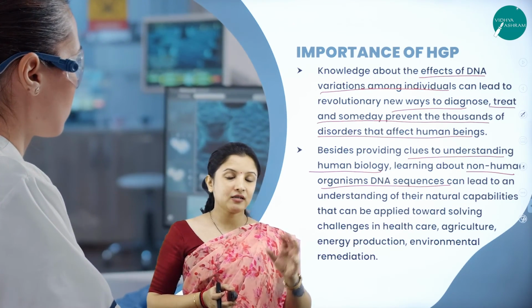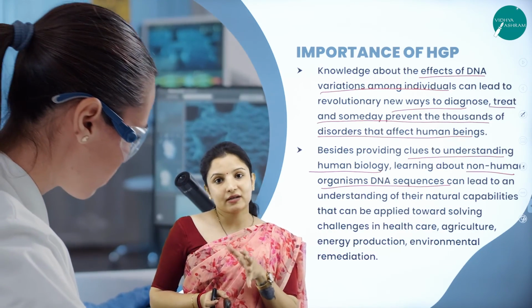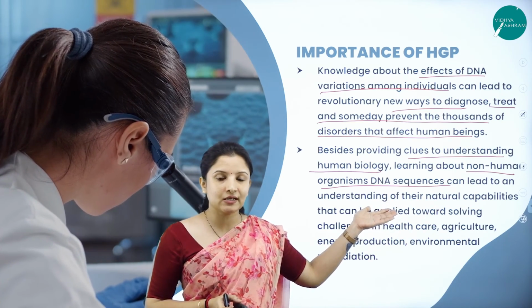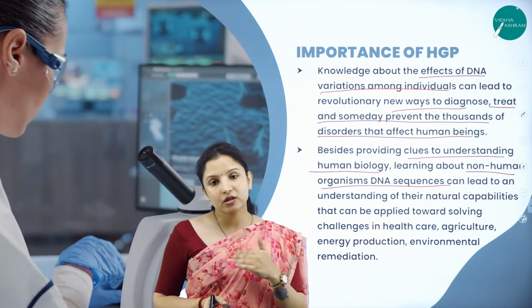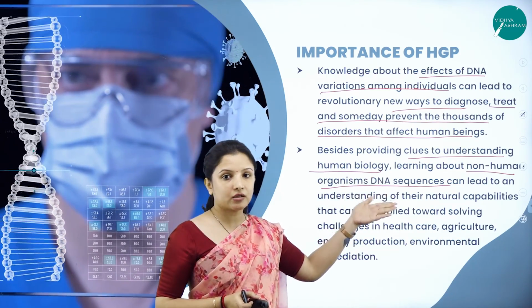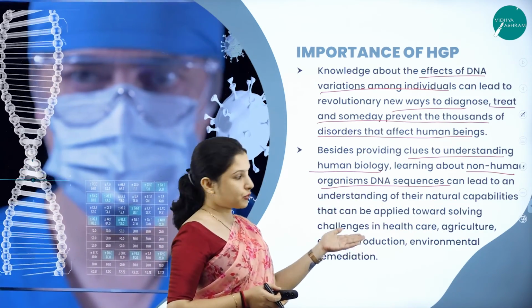It is said that the genes of rats and human beings match to a greater extent. So how did scientists come to know that? It is because of sequencing. So that is why, apart from giving importance to sequencing only the human genes, even the sequencing of the genes of other organisms is also given importance in the Human Genome Project.